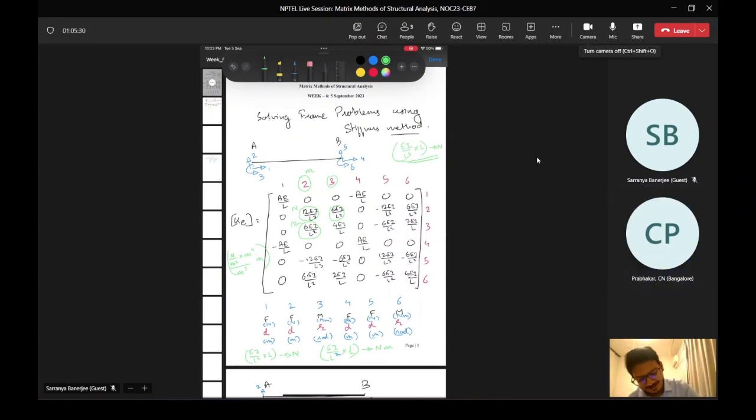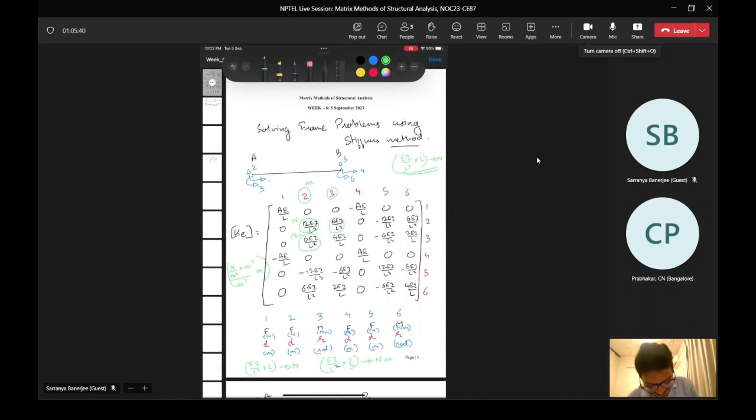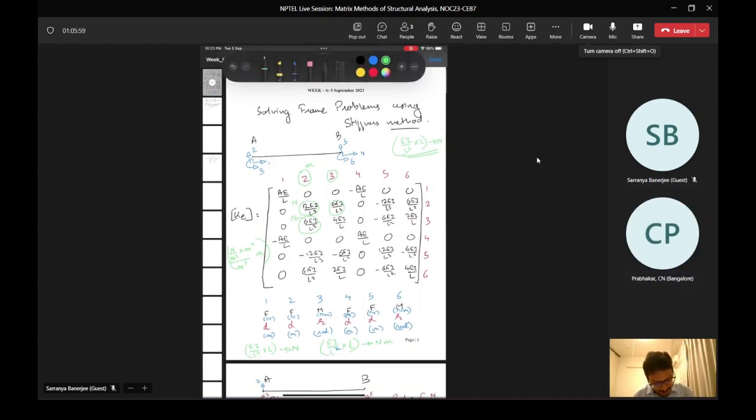So here, you have already answered your question through your question, but you did not hear your own self while you were talking. You told that this one, the third column and second row, is the force at direction 2 due to the unit rotation at 3. So what are the units of rotation?